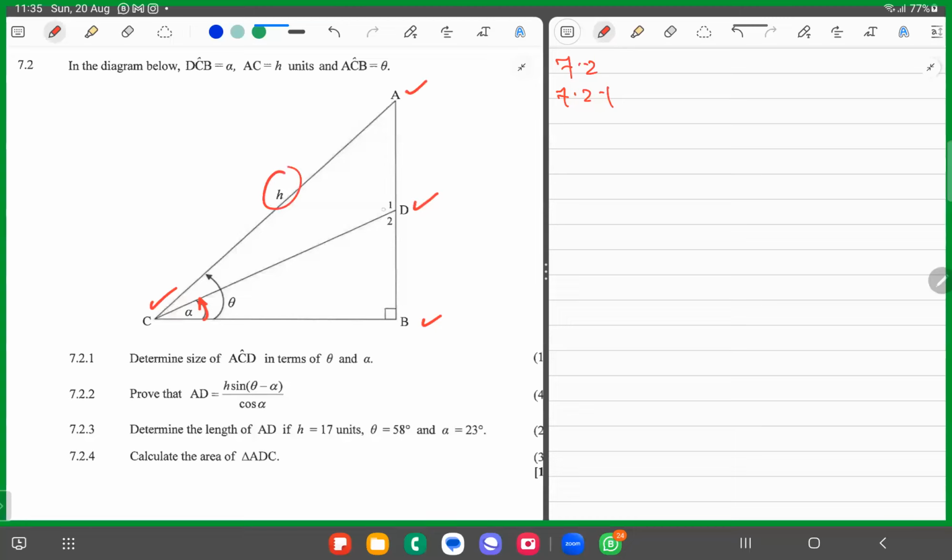ACB is theta. Determine the size of ACD in terms of theta and alpha. Right, so let's do that one. You need to determine ACD in terms of theta and alpha.